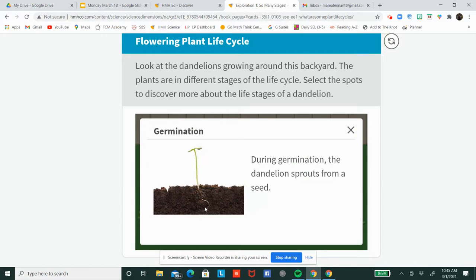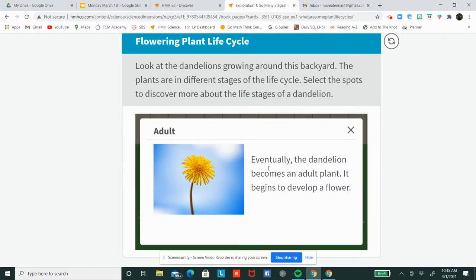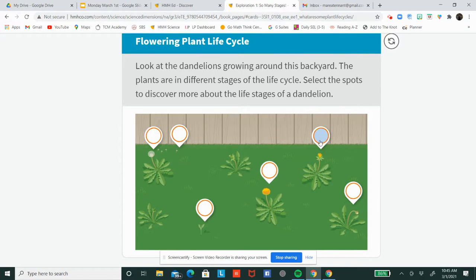Then we have what's called germination. No, it does not have to do with real germs. So during germination, the dandelion sprouts from a seed. So it starts to grow. The adult stage, it becomes an adult plant and begins to develop a flower.